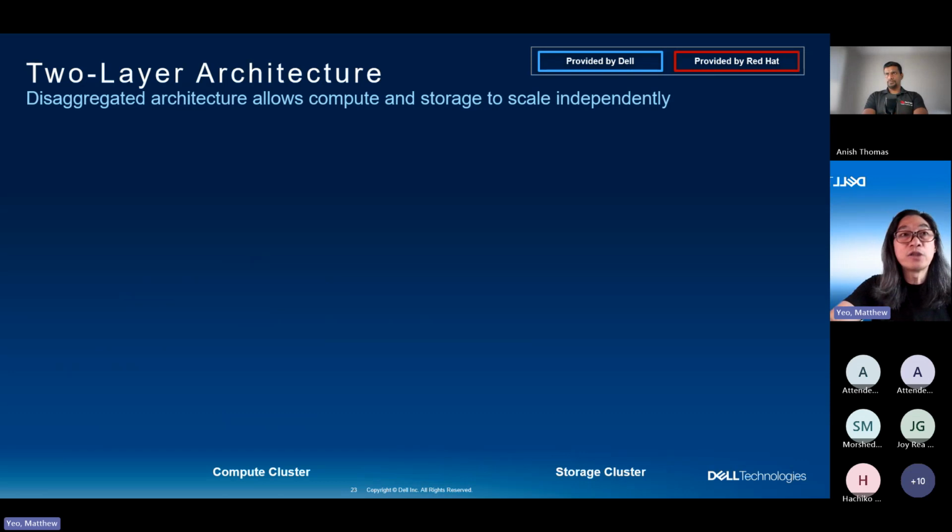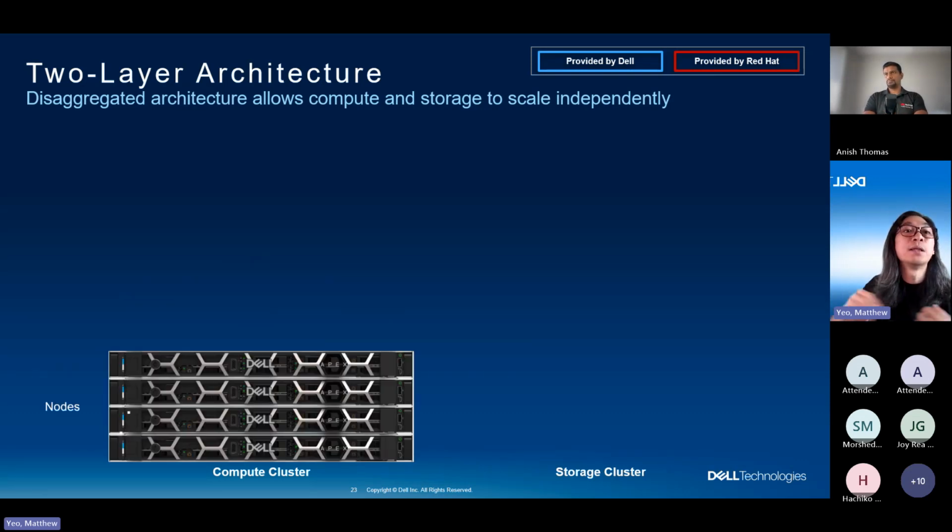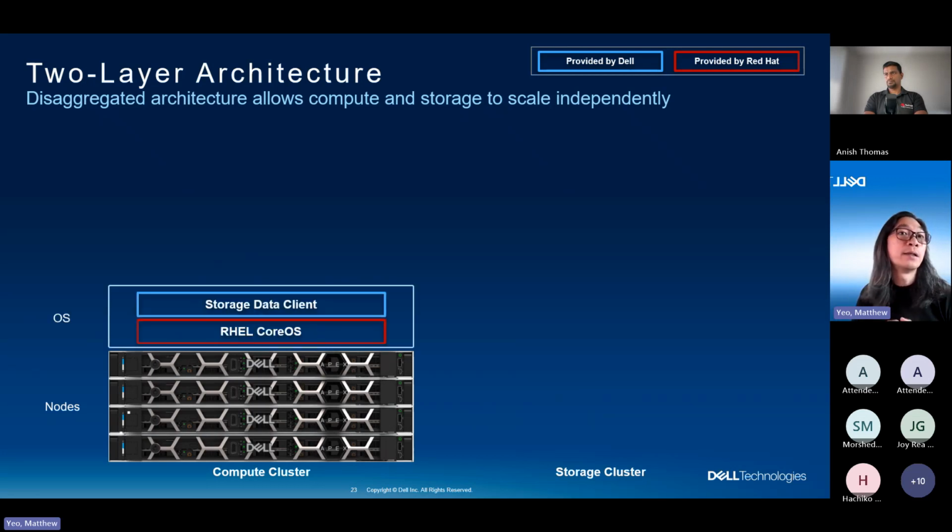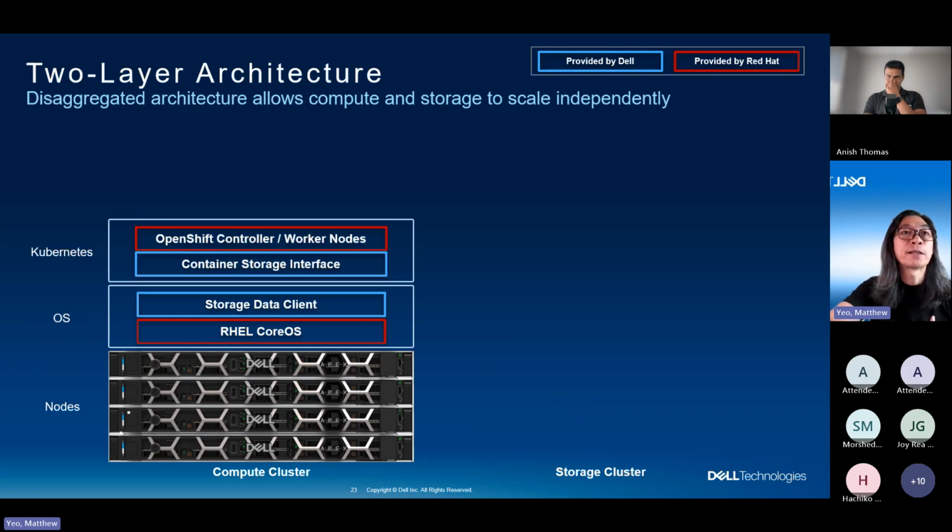All right. So this is actually based on a 2-layer architecture, same as the DVP. We have 4 nodes for compute, and this will actually run the RHEL Core OS together with our storage data client itself. The data storage client is basically the ability to talk to the PowerFlex. With that, we will install both the controller node and worker nodes.